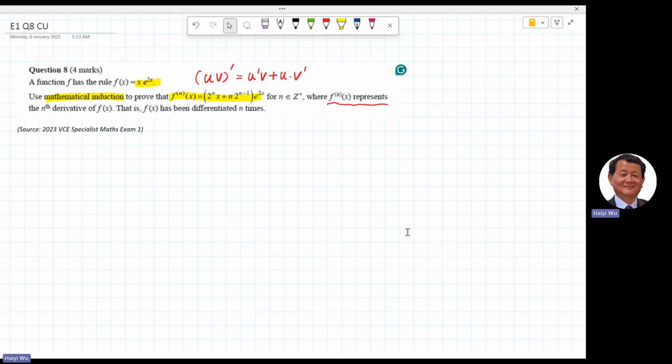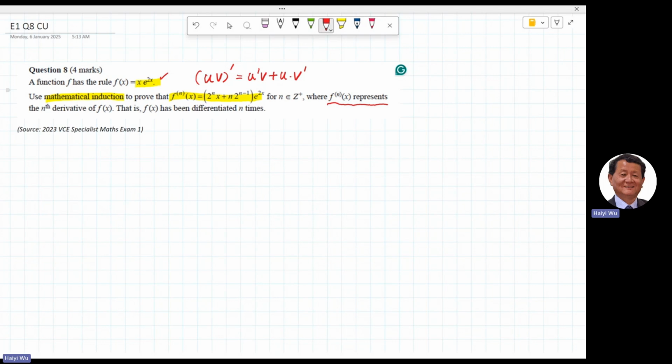All right, so today we're going to complete this question using mathematical induction. This question is 2023 VCE Specialist Maths Exam 1, question 8. We're given a function, a product, x times e to the power of 2x.